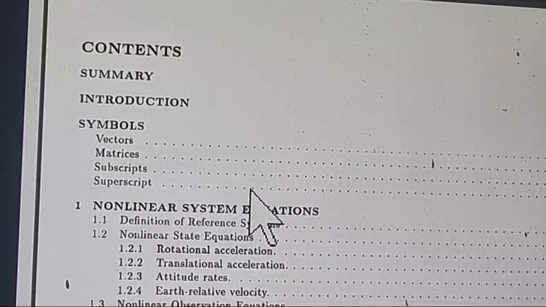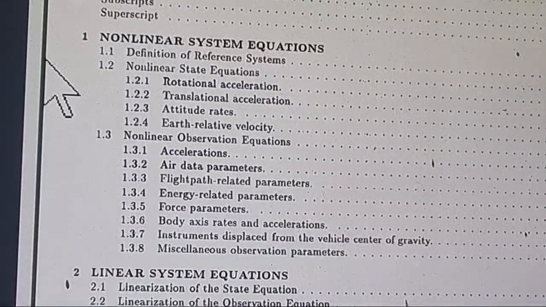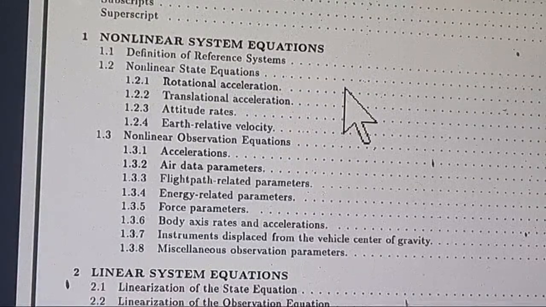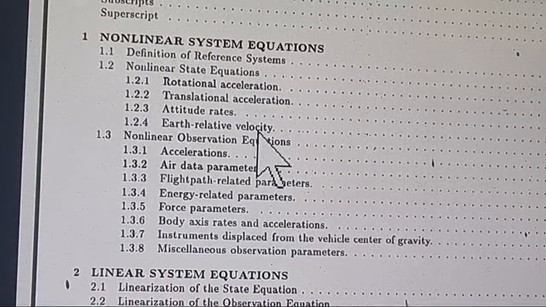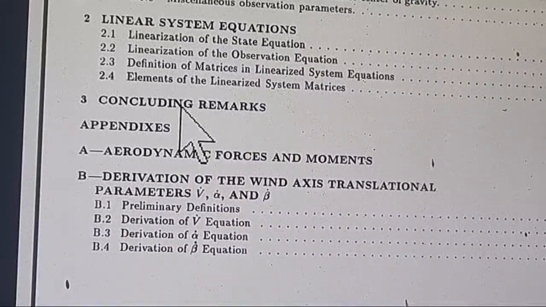This teaches them the basic flight instructions and how to deal with flight. So I'm not going to read all of this, but I'm going to just go through it.